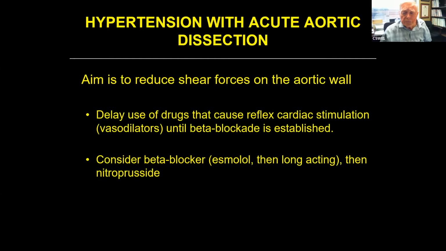In other words, a beta blocker or perhaps a calcium channel blocker, and not a vasodilator, which may cause reflex stimulation. So your first drug may be a short-acting beta blocker, such as esmolol, and then replace it with a long-acting oral drug. And then once the heart rate is slowed and you're sure the patient's properly beta blocked, you can lower the blood pressure more effectively with a drug like nitroprusside.